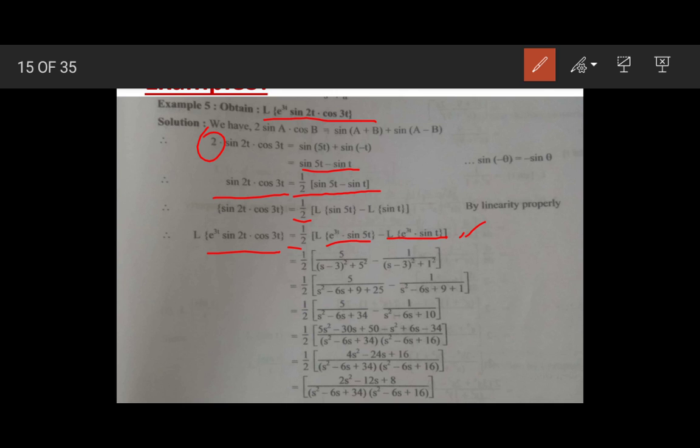Now it is nothing but the multiplication by e raised to at in both the places. So I have to use the first shifting property. For that, first I have to find the Laplace transform for sin 5t, and in that I have to replace s by s minus 3.